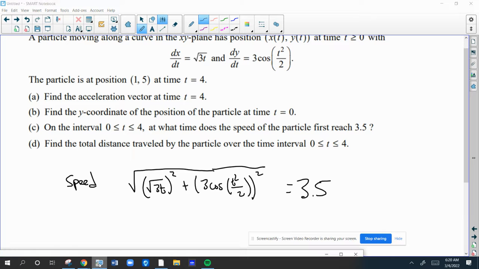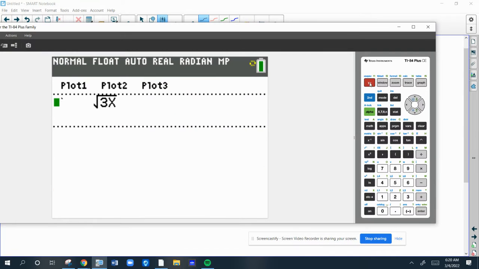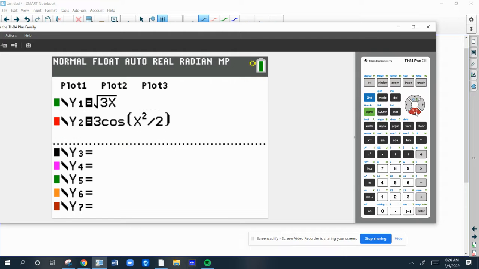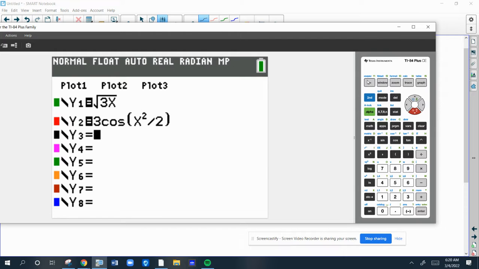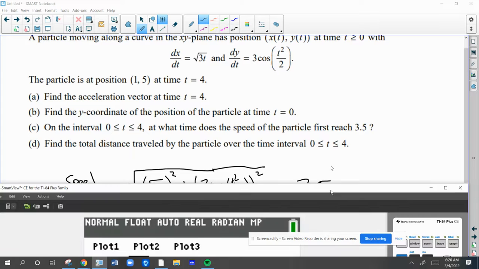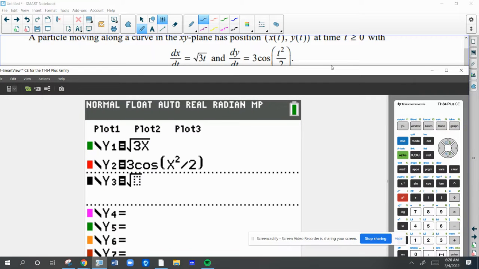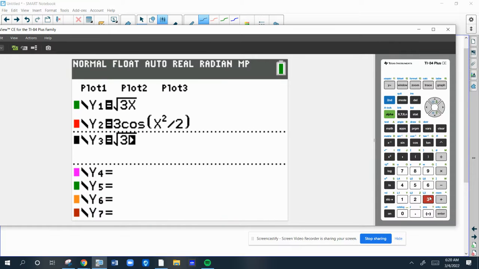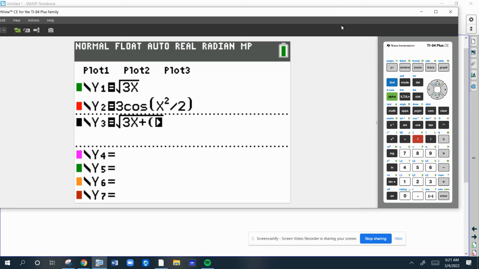I might need the velocities for the next question, so I'm just going to do a whole new equation in y3. So we have the square root of 3t, because I'm squaring it, plus this whole cosine thing.